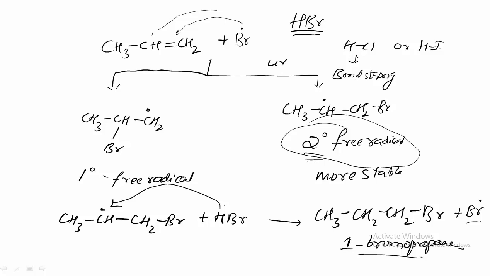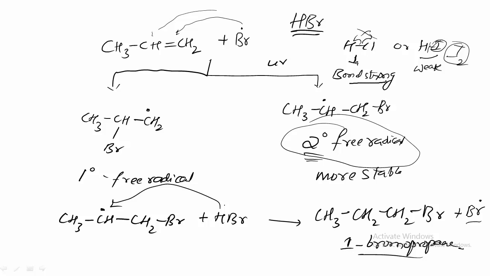So therefore, since bond is strong, the reaction will not take place. That means free radical formation will not take place. And in case of HI, the bond is weak. Due to the weak bond, the I will immediately form another iodine molecule by reacting with another iodine atom. So thus, it will not undergo free radical mechanism.